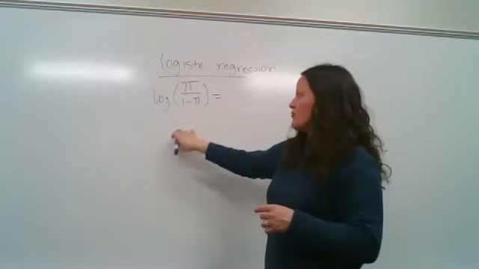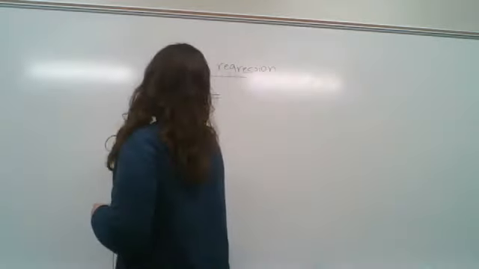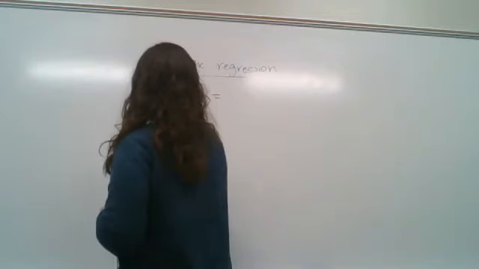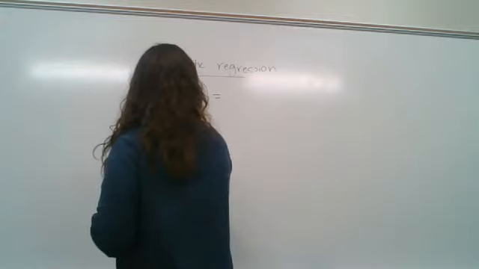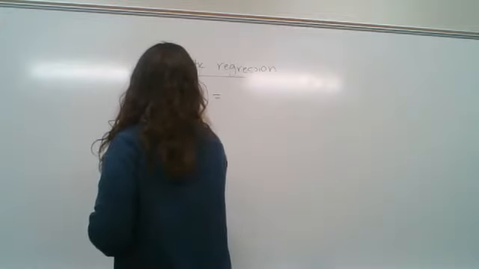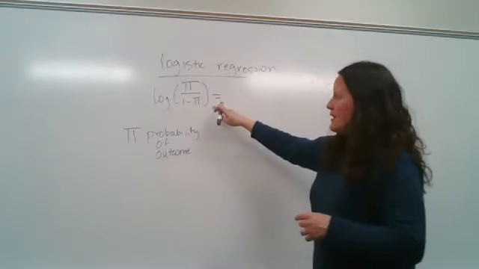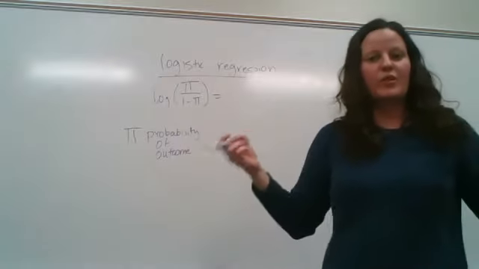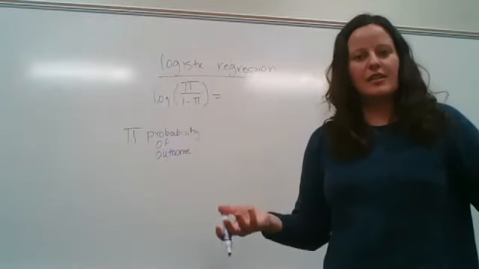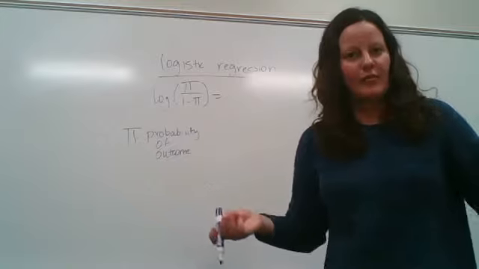And pi here represents the probability of having the outcome. And so pi over 1 minus pi, or the probability over 1 minus the probability, that is actually the odds. So that is the odds of something happening.